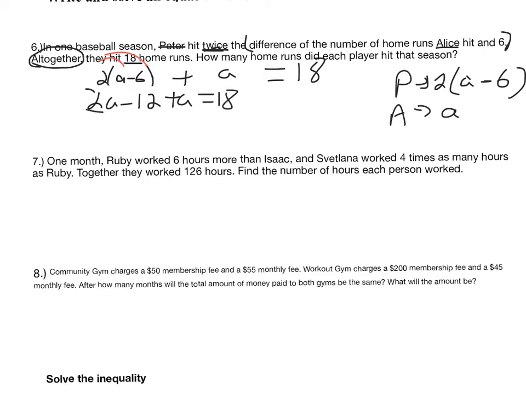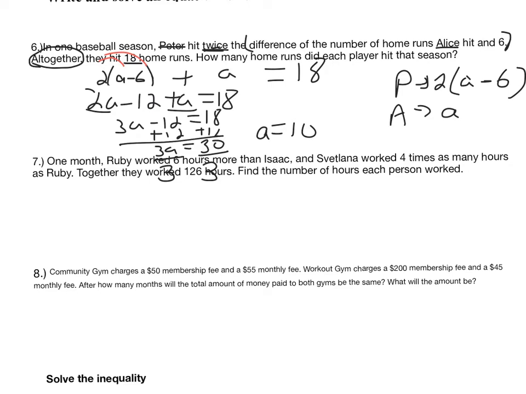Combine like terms. So we have 3A minus 12 equals 18. Add 12 on both sides. We have 3A equals 30. And then I'm running out of space again, but we divide by 3 and we get A equals 10.